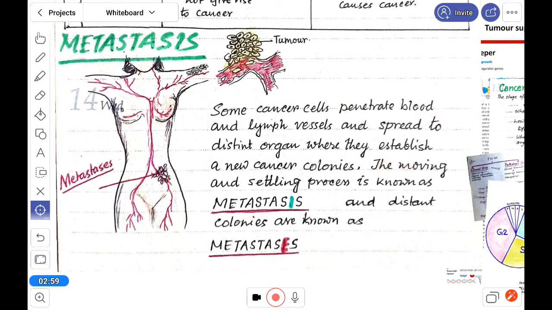This moving and settling process is known as metastasis, singular, and the distant colonies are known as metastases, plural. So metastasis means it moves and goes to different areas. This tumor invades the bloodstream and spreads to different areas, which is called metastasis. So it is found only in malignant tumors.